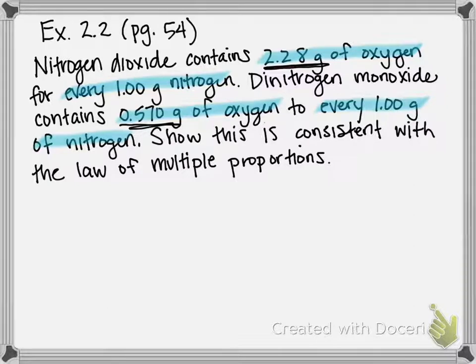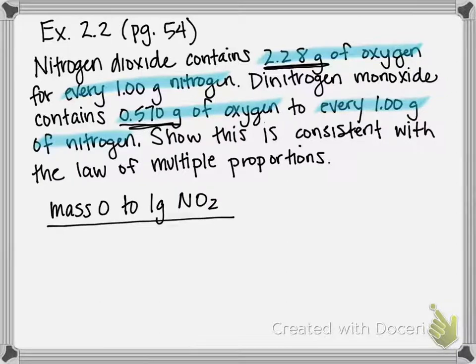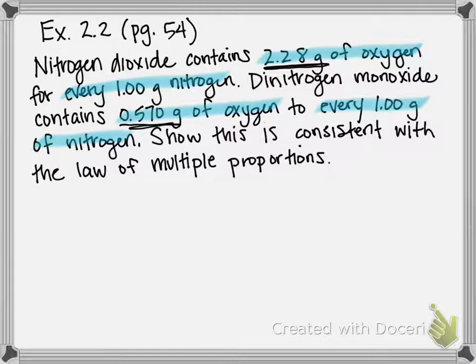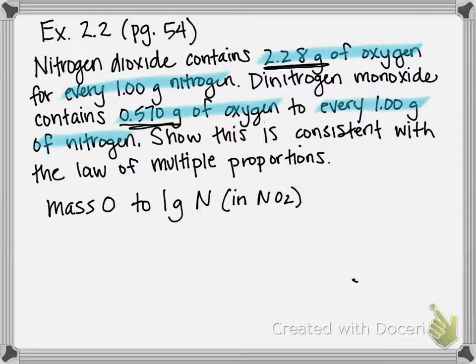So on top we're going to have the mass of oxygen to every 1 gram of nitrogen, and that's in nitrogen dioxide.